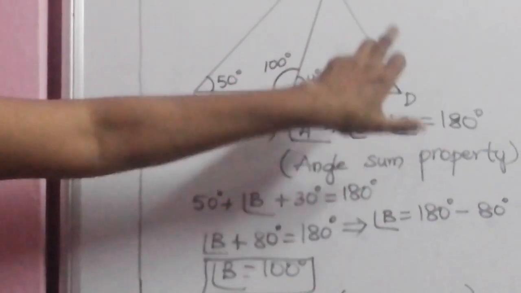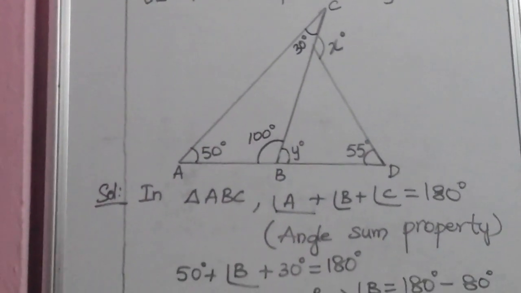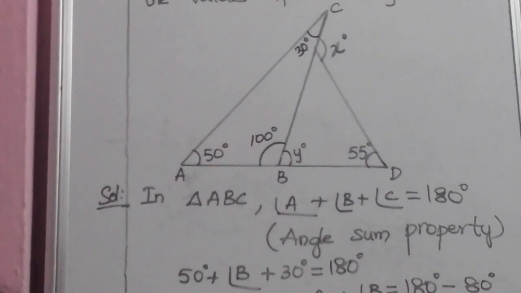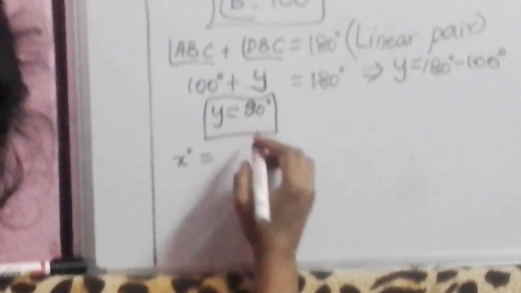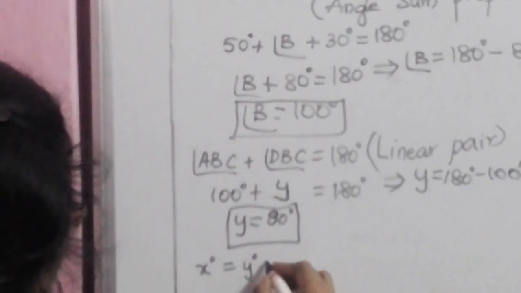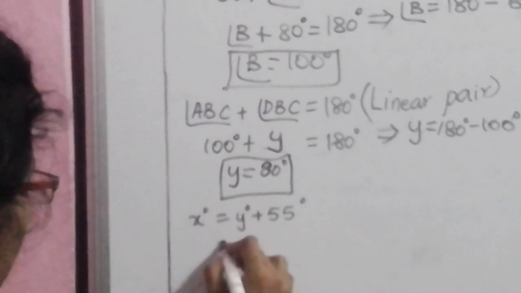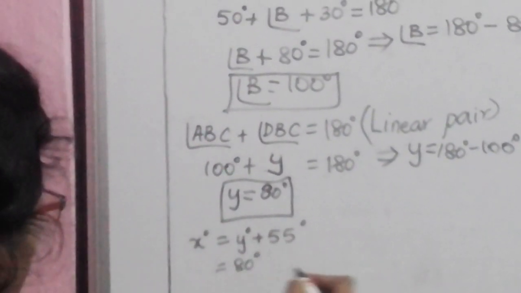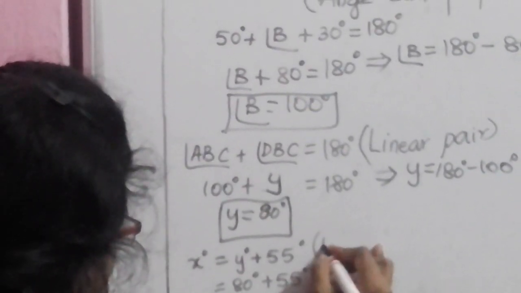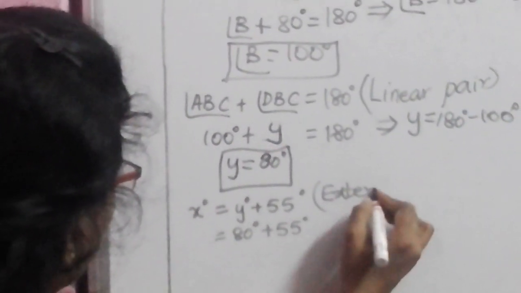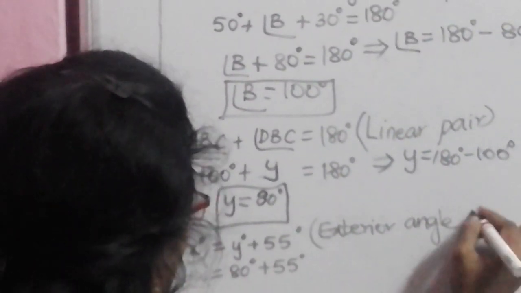These two values are ready. Now find out the value of x. What is the value of x? X degrees is equal to, exterior angle is equal to sum of interior opposite angles. So for y degrees, we are going to substitute the value. It is 80 degrees plus 55 degrees. Here we need to write exterior angle property.